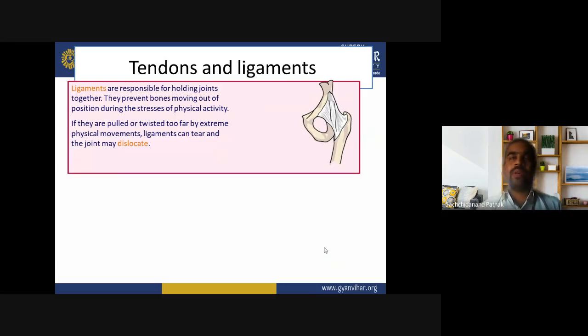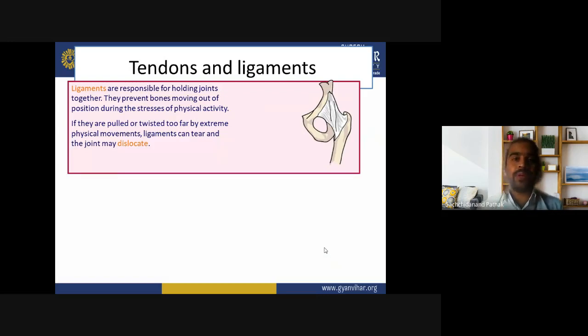If you go beyond the limit, if you pull or twist too far by extreme pressure, by extreme physical movement, then the ligament can be torn, and the joint will be dislocated. So yes, ligaments have a very important role in our joints.